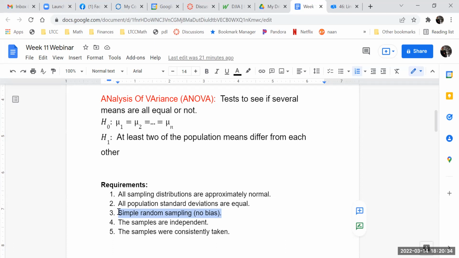So one thing is, you got to make sure that you don't have bias. Simple random sampling, which is usually impossible. So what you do is you do your best to try and control it, so that you have at least representative sampling, using stratified sampling with multiple methods, all kinds of things. That can get really hard. And we've talked about it. It's no different really for ANOVA than it is for other things, but it is usually the hardest thing.